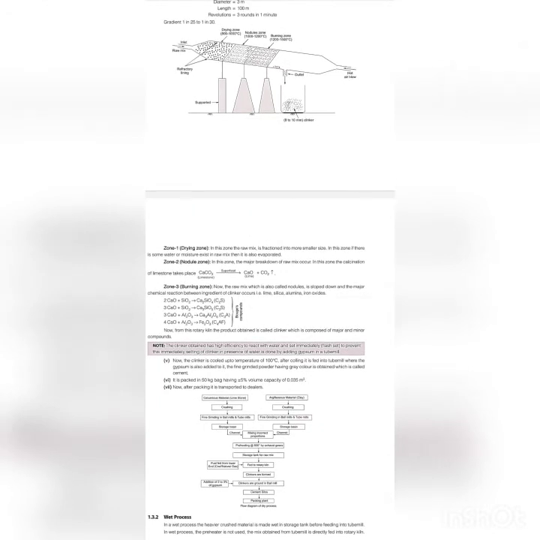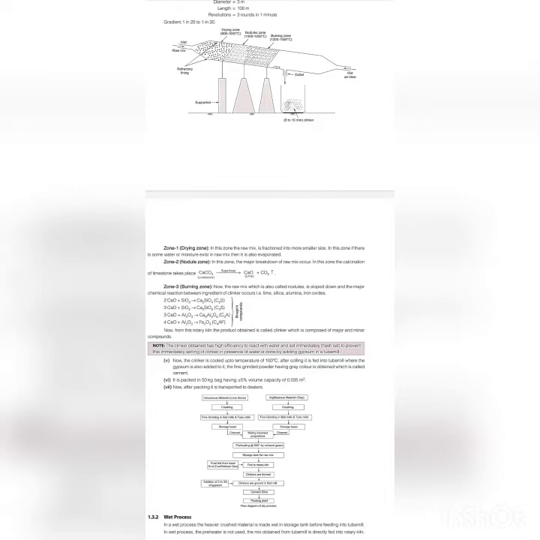Then the zones of the rotary kiln. Zone 1, the drying zone. In this zone the raw mix is fractured into even smaller sizes. If there is some water or moisture in the raw mix, it is evaporated. Then the nodulizing zone, or zone 2.